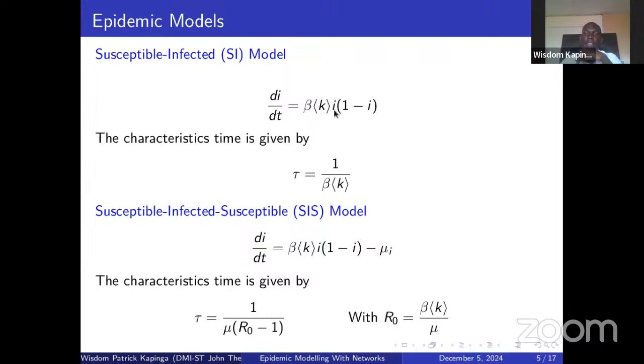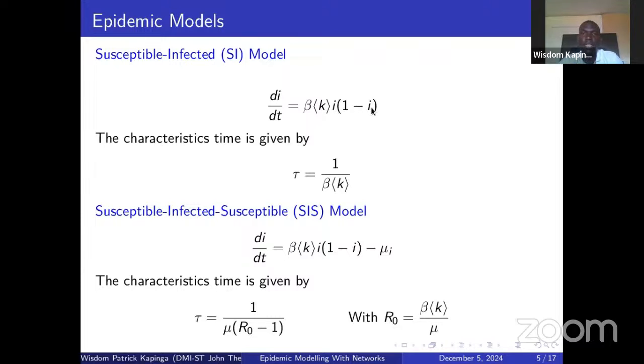And this I here, we're now looking at the proportion of people who got infected from the disease that we are trying to model. So if the whole population is, let's say, 10 people and only 2 are infected, then the I here will now represent 1 over 5, which is the same as 2 over 10.